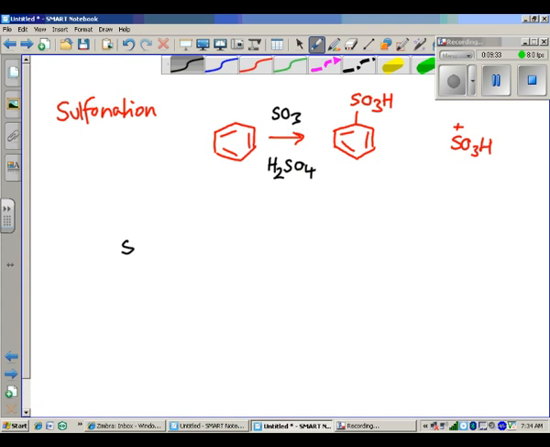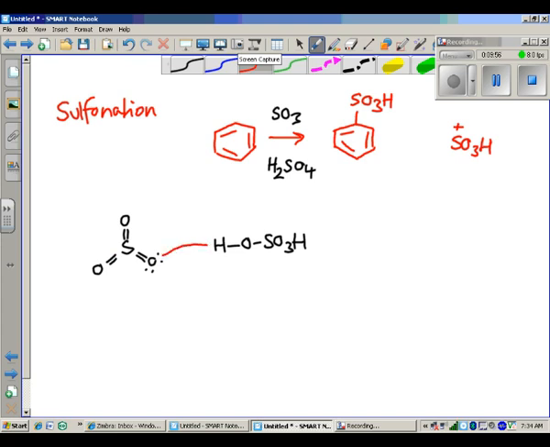So if I draw out SO3, it's essentially trigonal planar, and I'm just going to show a lone pair on one of the oxygens, and then I draw out our sulfuric acid again. Remember we said sulfuric acid is a stronger acid than nitric acid, so it's certainly a stronger acid than SO3.